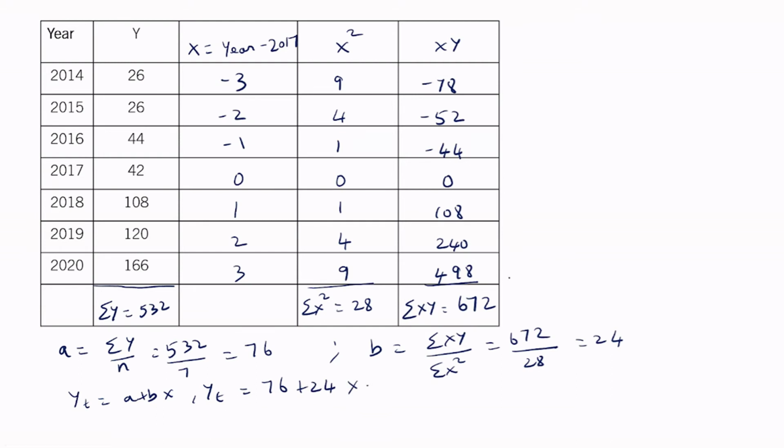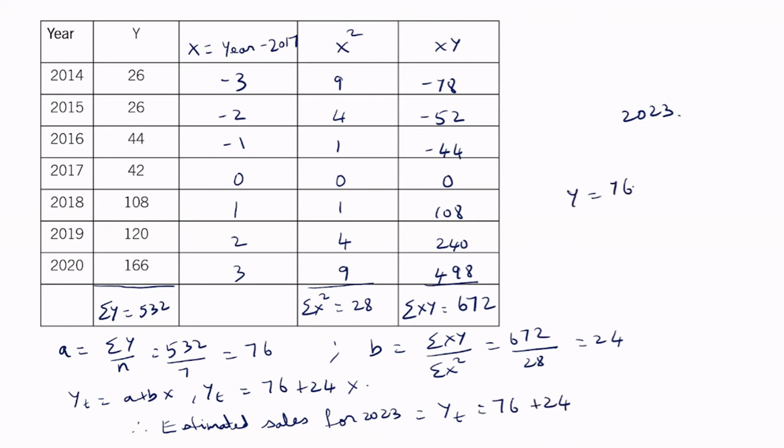Now we need to estimate the sales for the year 2023. Therefore, estimated sales for 2023 equals yt equal to 76 plus 24 into x, where we got y equal to 76 plus 24x.